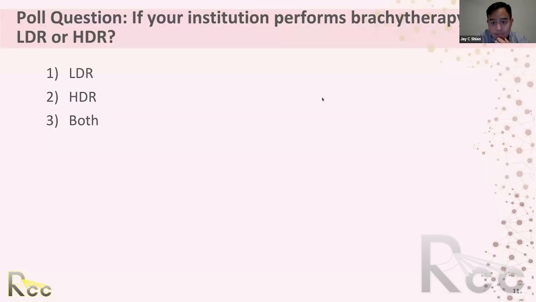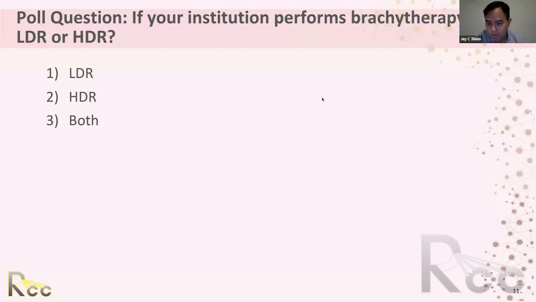And like Kayla said, it is definitely a treatment modality that is still highly prevalent in the States. That said, I do think that HDR is rising quite a lot, and many institutions are using HDR more, primarily because of what Kayla described as the customizable radiation dose that can come with HDR. And truly, I don't think there's a better radiation modality that can create a more conformal treatment than HDR.